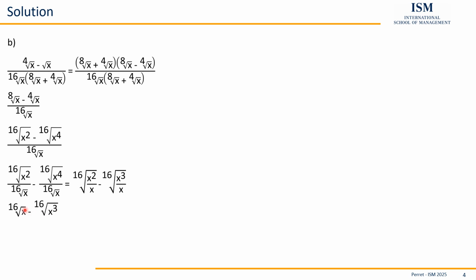The only thing would then be to factor out the 16th root of x to have 1 times x. Well, if I factor out the 16th root of x, I will be left with the 16th root of x squared.